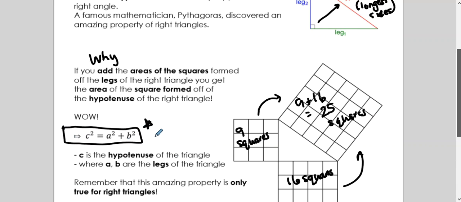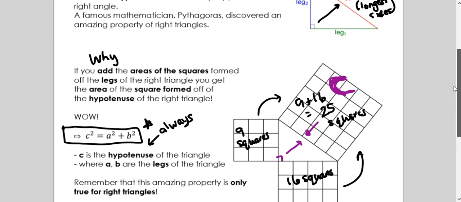C is always the hypotenuse. So this is always C. Can't make that big enough for you. That always has to be side C, because there's my right angle.